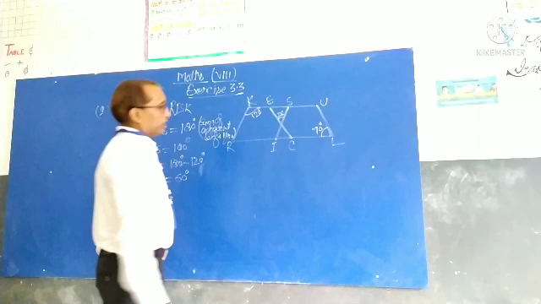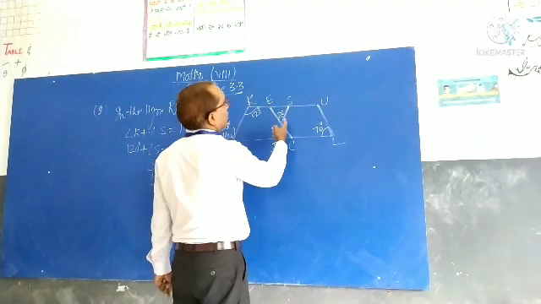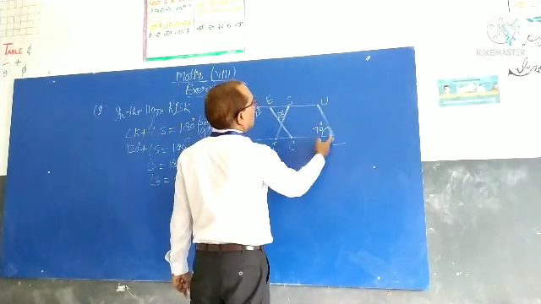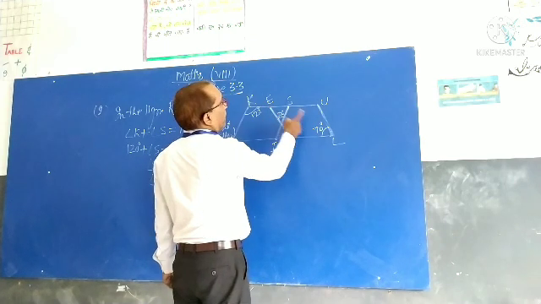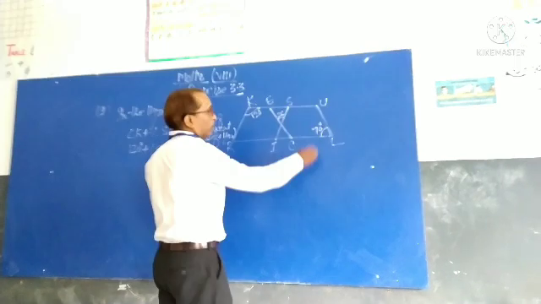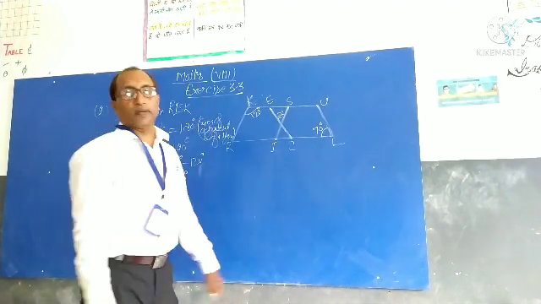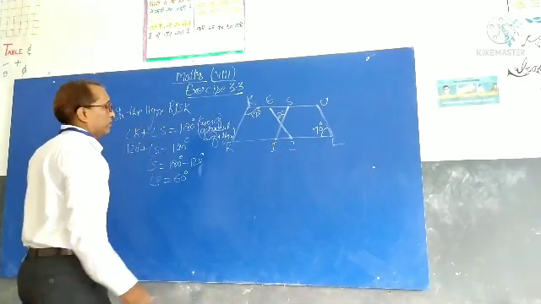Then you find out angle E by using the parallelogram CLUE. E is the opposite angle of L. Therefore, these are equal by the property of parallelogram.